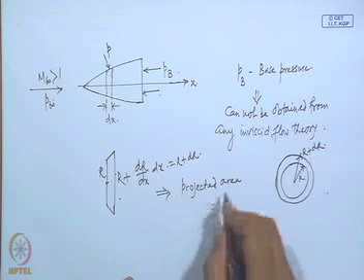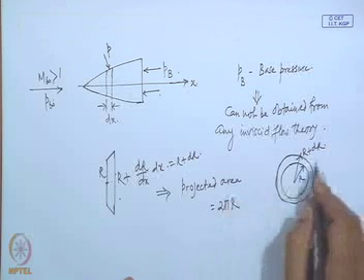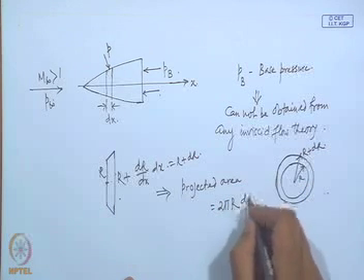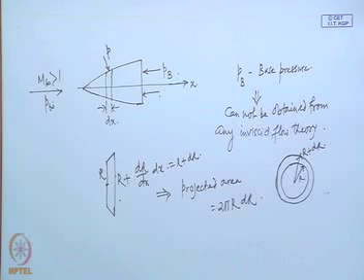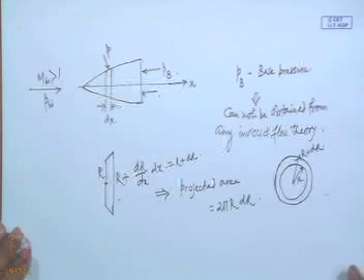So, this projected area is becoming 2 pi r dr, and of course, it is a function of x, it depends on x.